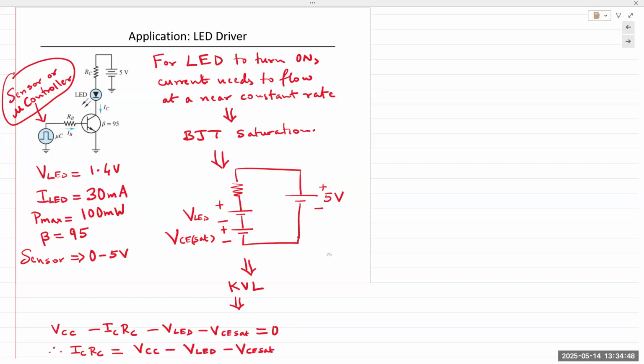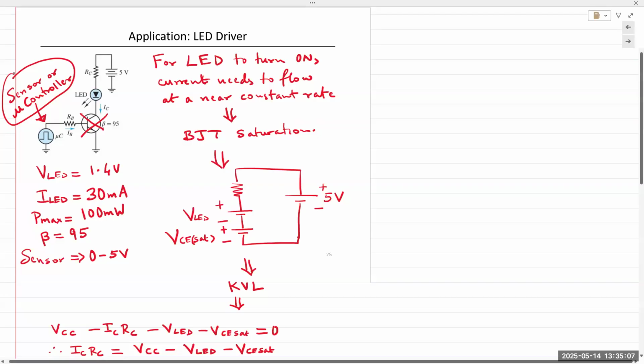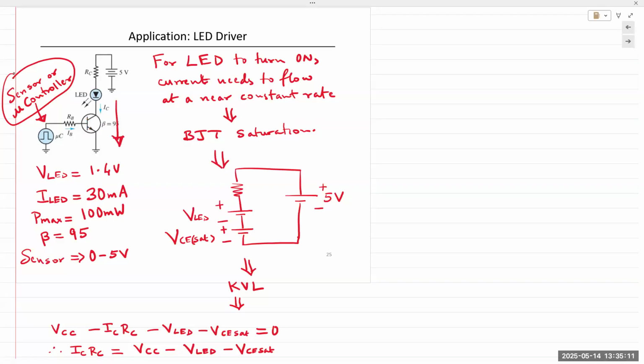In that case, we connect a simple BJT, and this BJT is operating either in cutoff or saturation mode. If it's in cutoff mode, there is no pathway for the current to flow through. If it's in saturation mode, there is a free and clear pathway for the current to flow through. So the circuit is set up like this.